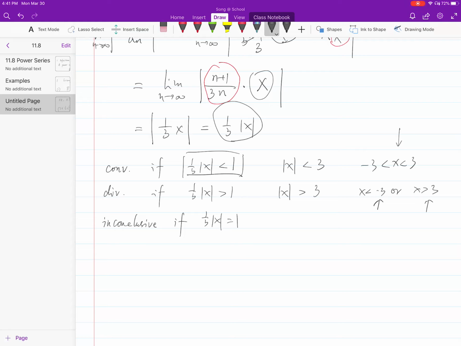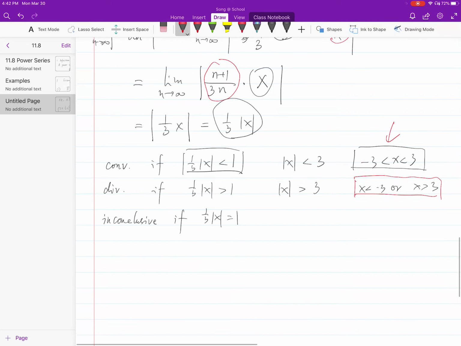Sounds good? So basically you know what will happen for whatever x you plug in once you solve everything up to this level. Moreover, these two will be exactly the reverse to each other. So actually if you know it is only convergent for this one, you almost already know it is divergent for everything which is not this.